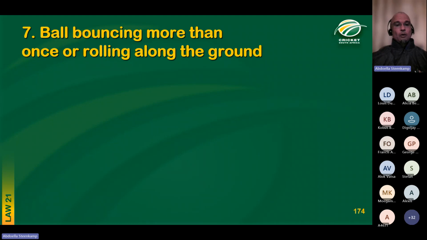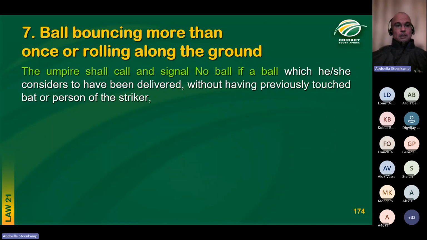So what happens if a ball bounces more than once or the ball starts to roll along the ground? The umpire needs to call and signal no ball. Usually in this case, the striker's end umpire would be in the best position.